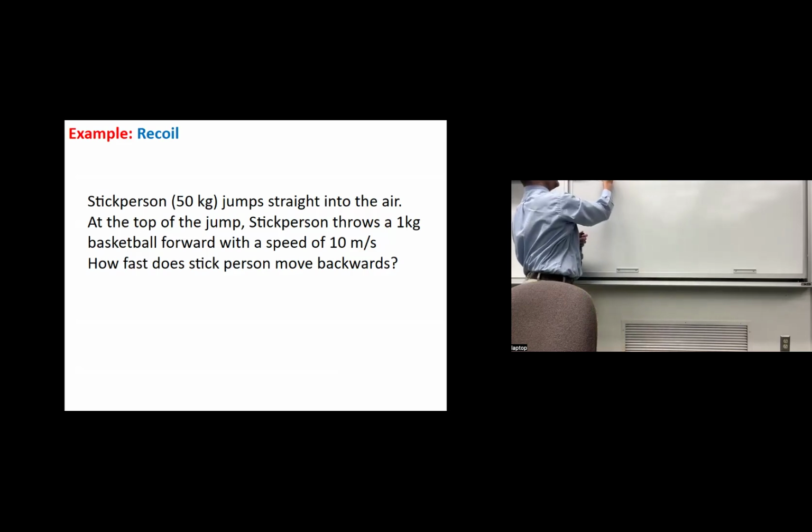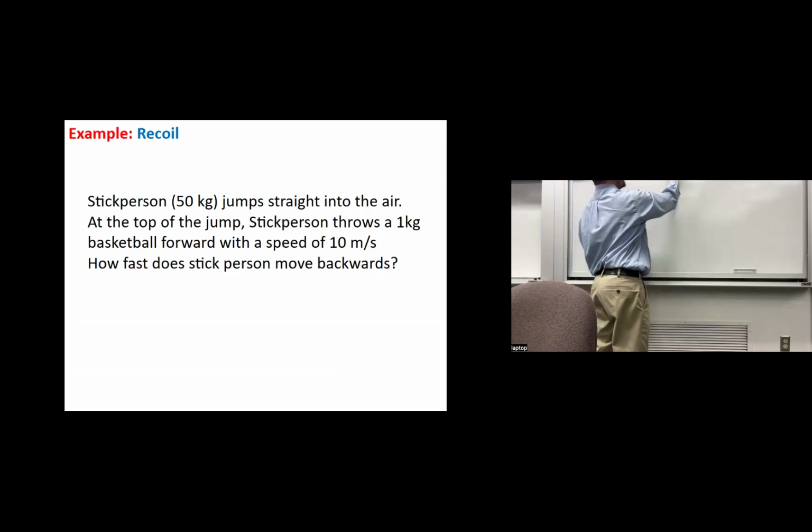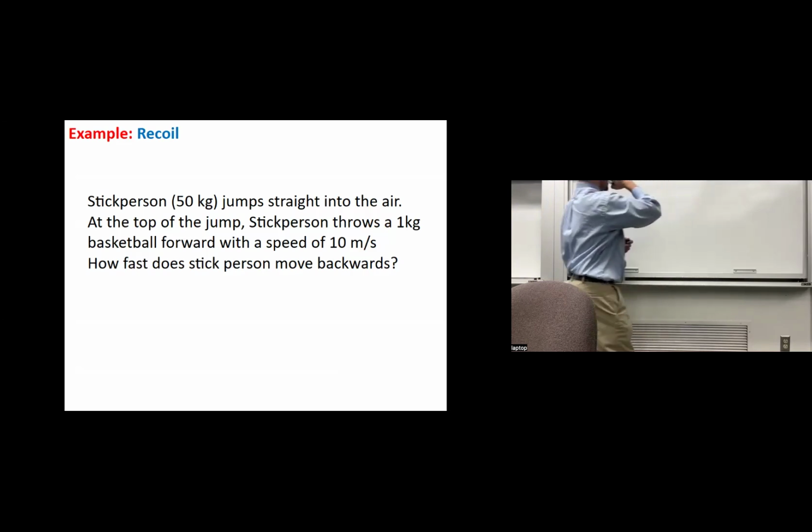So we have mass of the person times velocity of the person before, plus mass of the ball times velocity of the ball before, equals mass of the person times velocity of the person after, plus mass of the ball times velocity of the ball after.